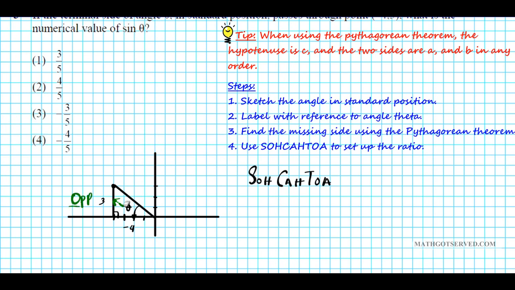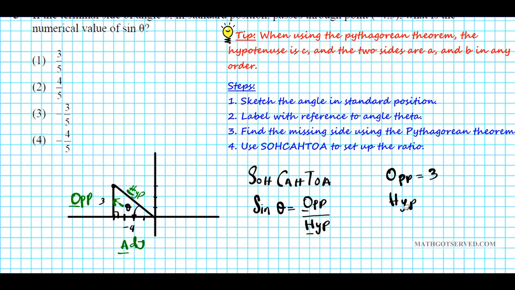The longest side, opposite 90 degrees, is always your hypotenuse, the H in SOHCAHTOA, and the other side is your adjacent. Now we need sine theta. Sine theta is opposite over hypotenuse, right? So what is your opposite? Opposite is 3. Nice. What is our hypotenuse?